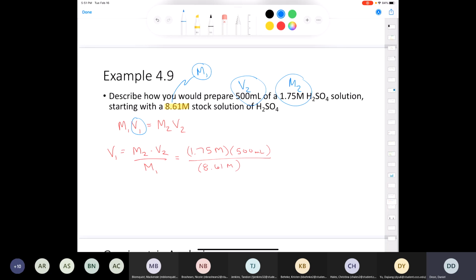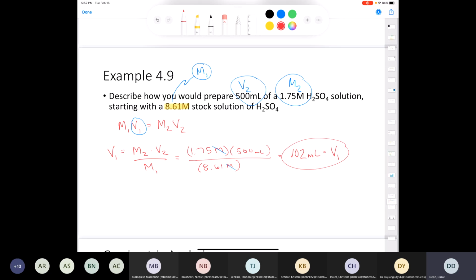You see that molarity cancels, moles per liter cancel. We're left over with milliliters. And when you punch that into your calculator, you get 1.75 times 500 divided by 8.61, and you end up with 102 milliliters as being your volume.